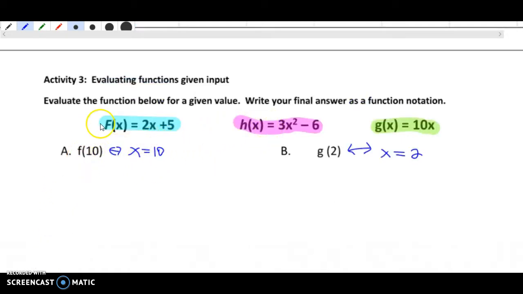So let's start with f of 10. So I have 2x plus 5 on the right side. Now you got to be really careful with this. You're going to get confused. A lot of kids get confused. There's no y, but instead of y we have f of x on the left side.